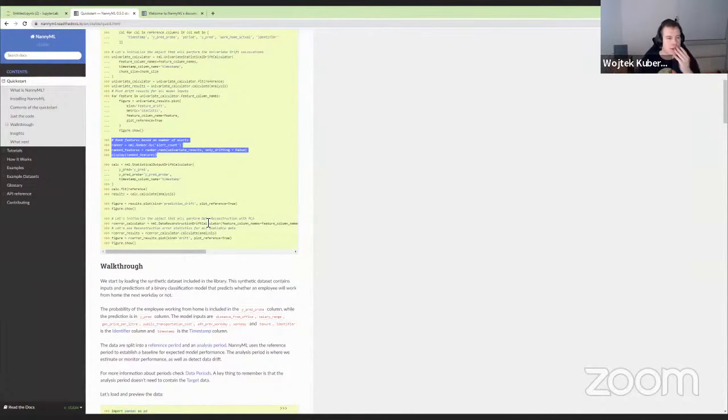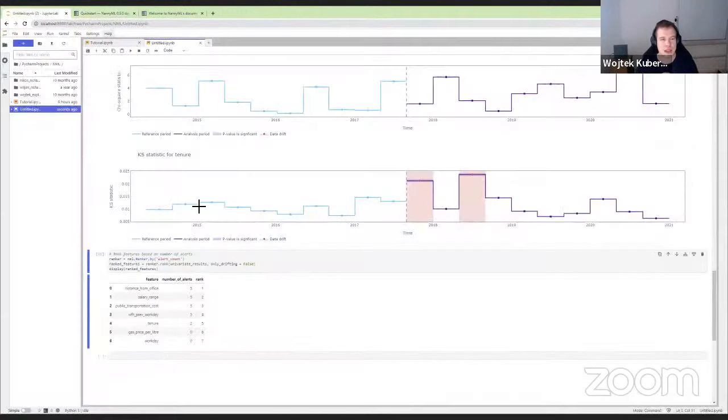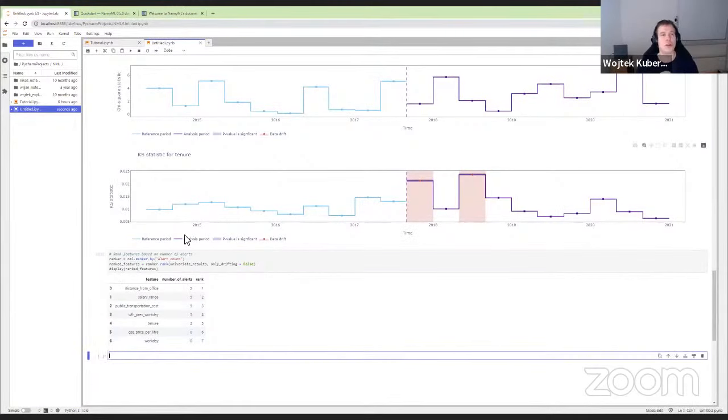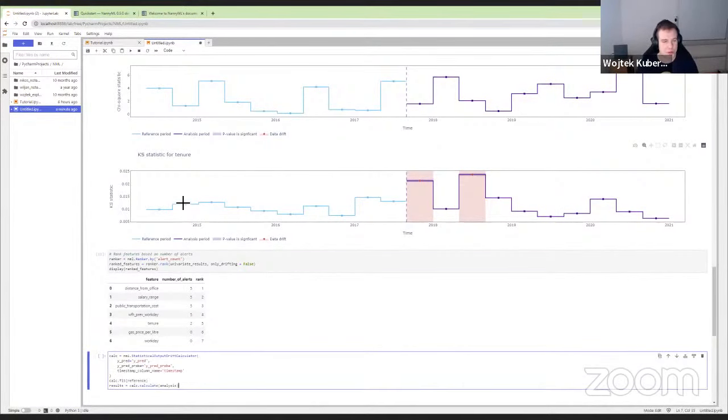Now, as we already said, that we calculated that, let's see a bit more of how the statistical calculator works, this time not on the input features, but on the output. So we want to see now if there is so-called prediction drift.